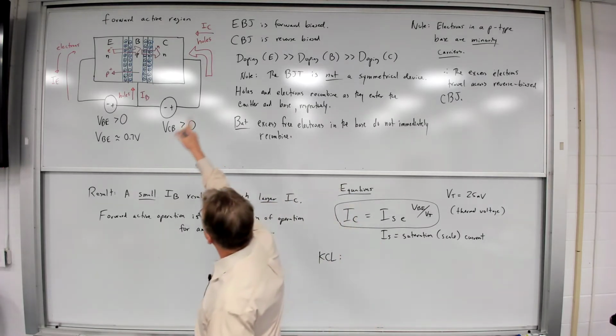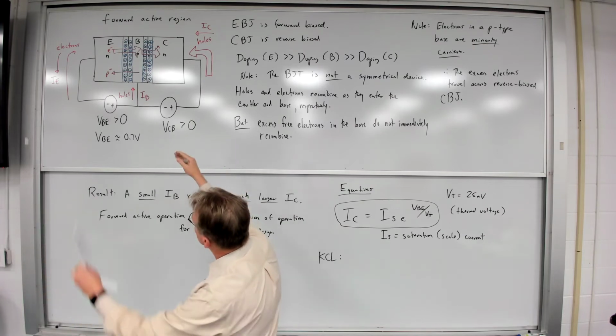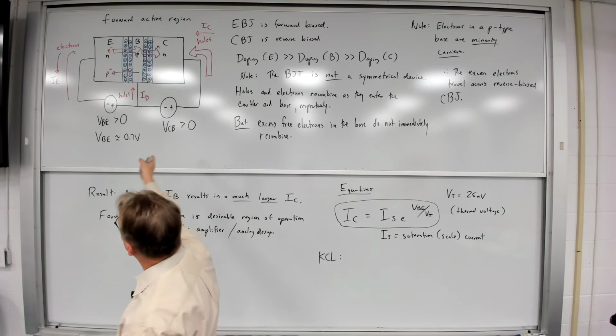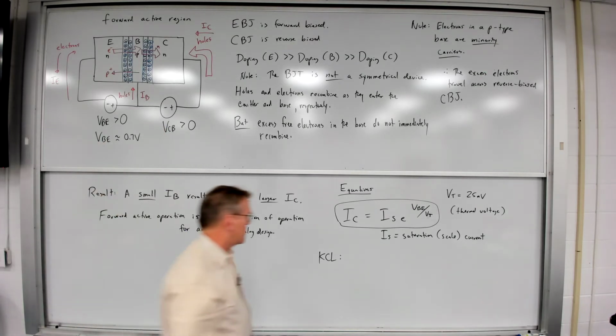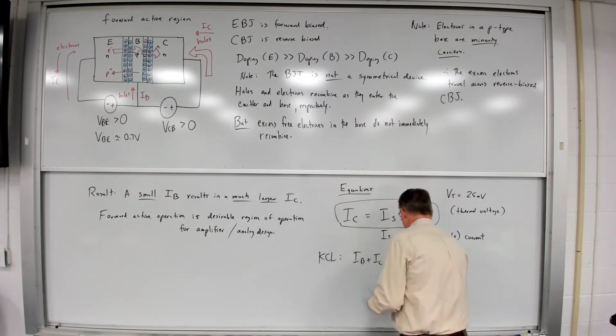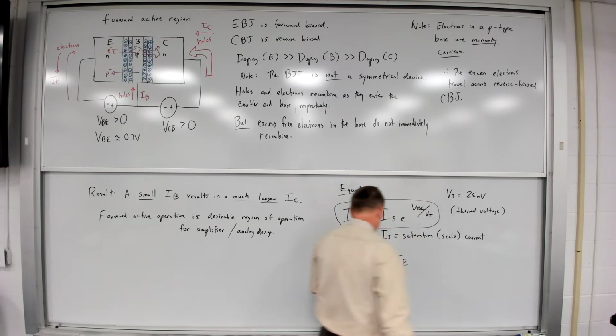So IB and IC, what goes into the transistor must be what comes out. IB and IC go in, IE comes out. So by KCL, IB plus IC is equal to IE.